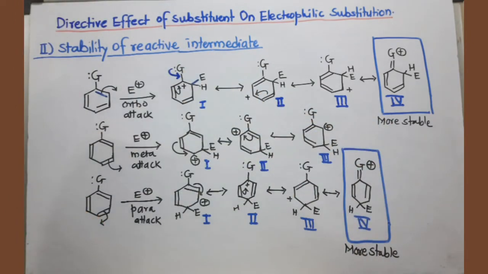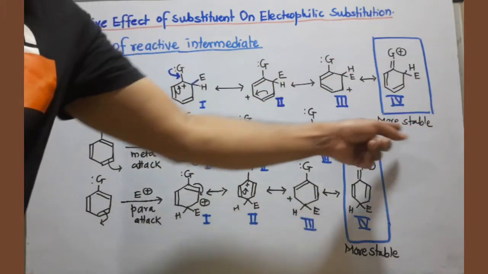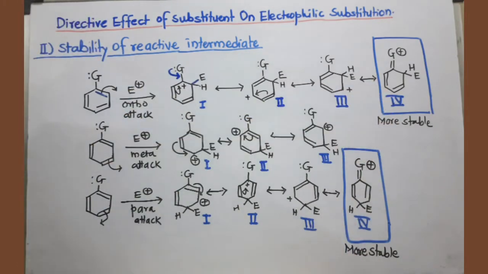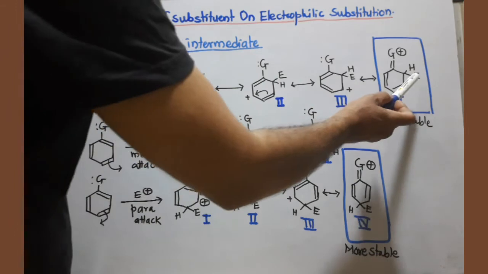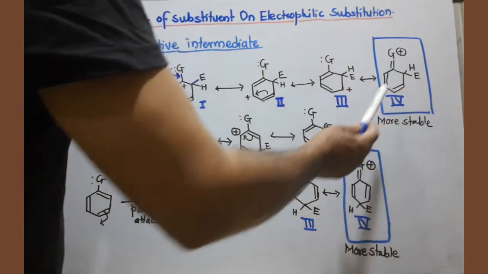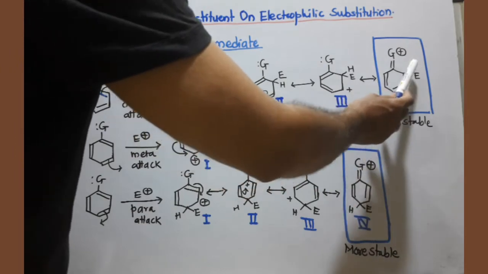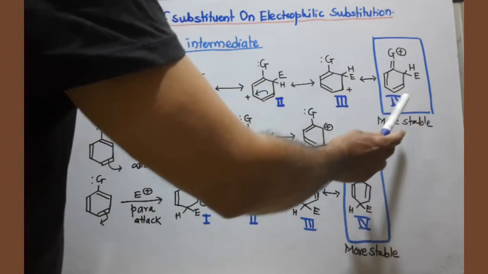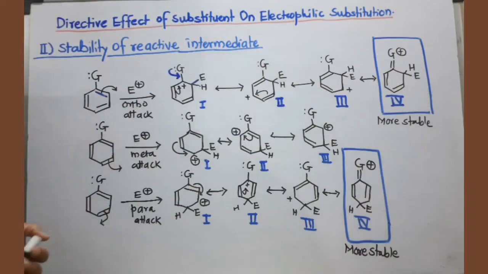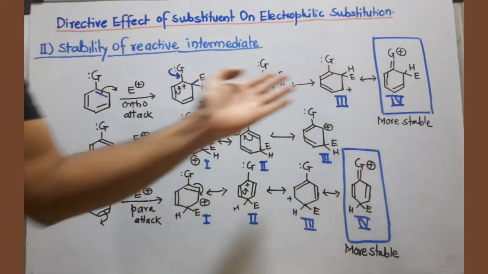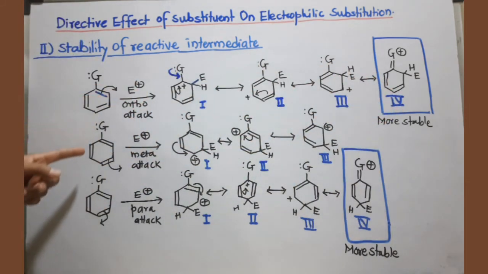Watch this structure which I have kept in the box, which is more stable. Why is this more stable? Because all atoms, you can see, have a complete octet. Because this is a more stable structure, it contributes more, and we get 4 resonating structures for ortho attack.